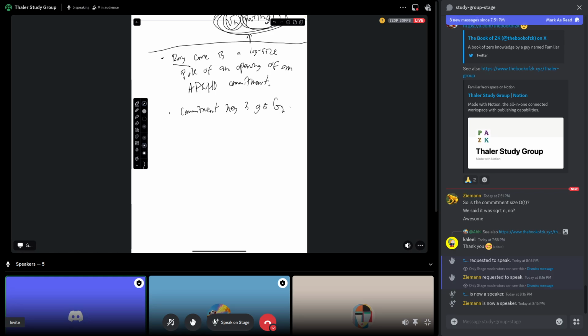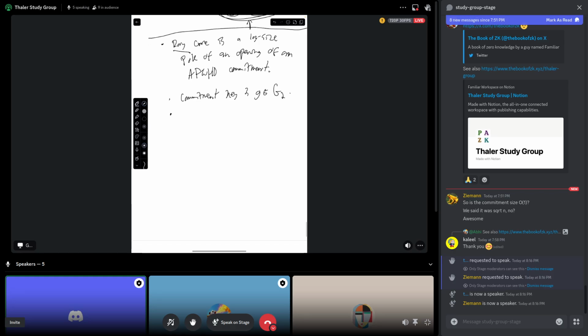I said I was going to drop the subscripts, but since I'm only going to sketch, it turns out I didn't have to. Anyway, the commitment key is a vector in G2, and the vector to be committed is a vector in G1.